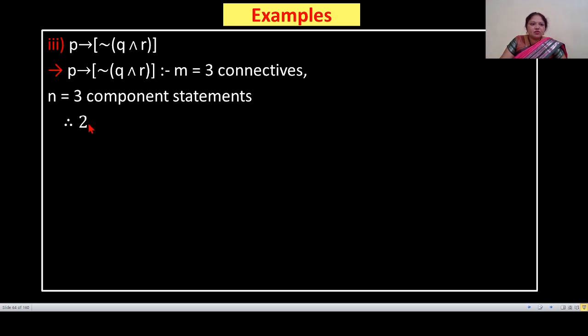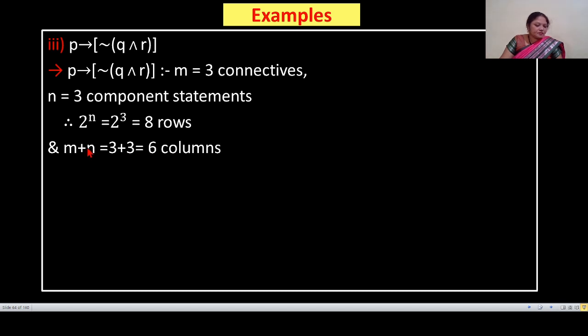Therefore, 2 raised to N equal to 2 raised to 3 equal to 8 rows, and M plus N equal to 3 plus 3 equal to 6 columns. Truth table.